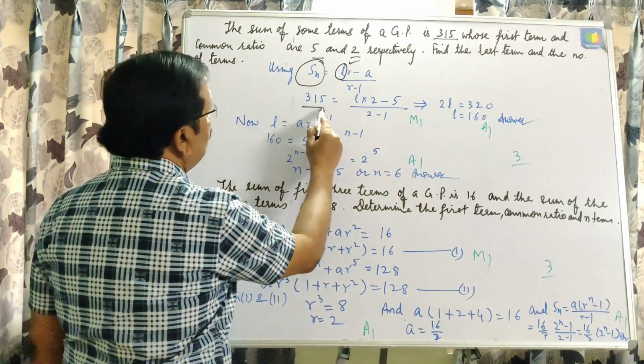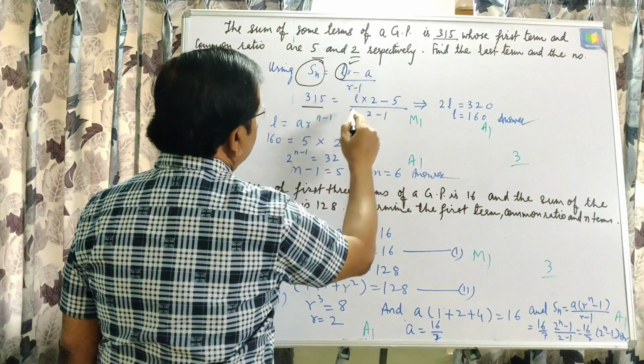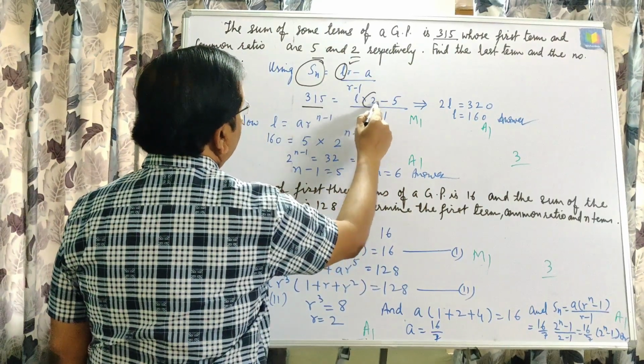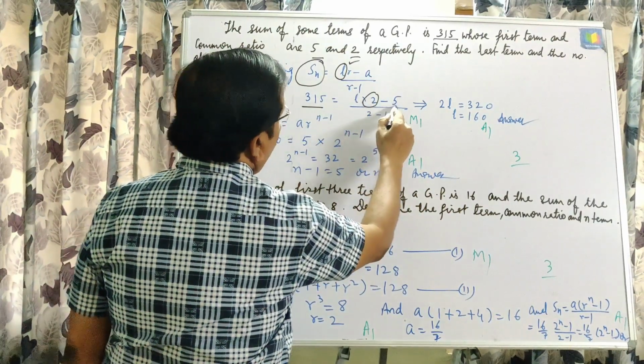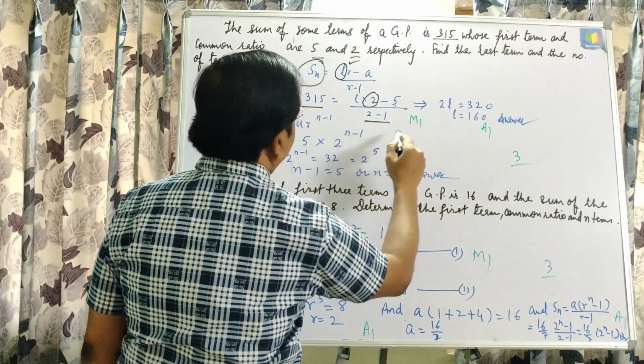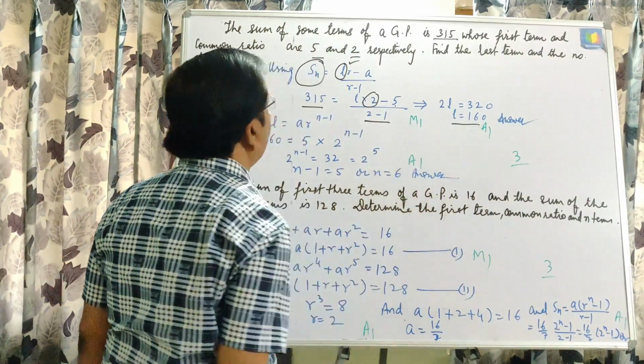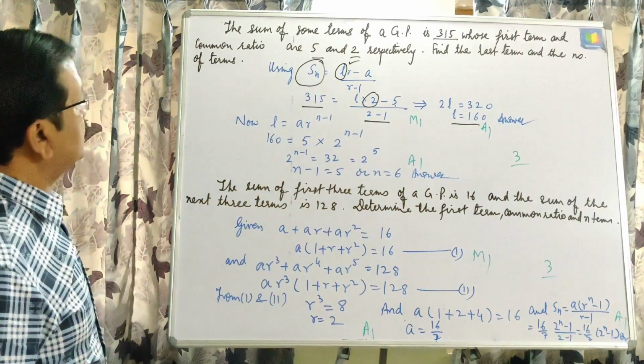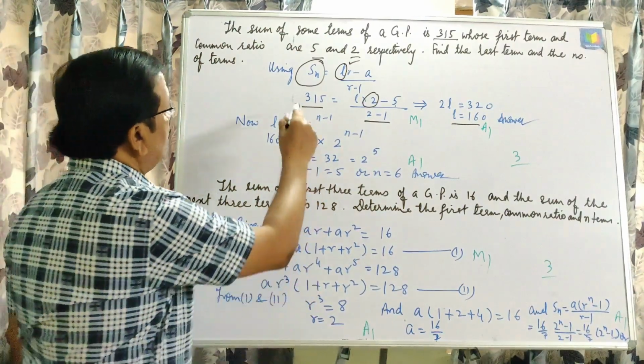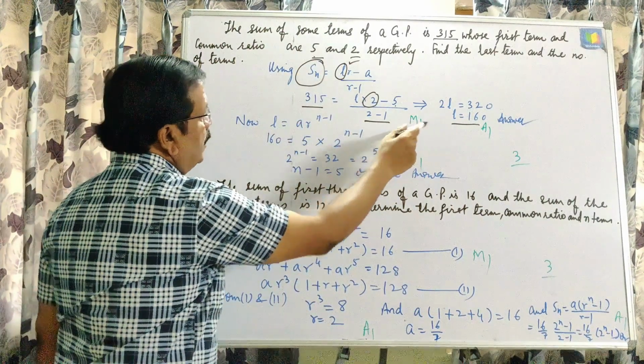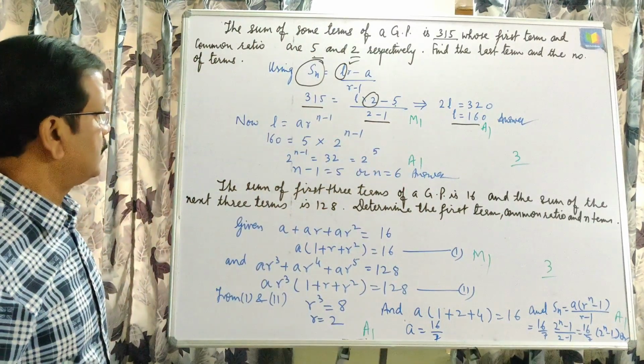Substituting this value, Sn is given 315, r is given, and then minus 5 upon 2 minus 1. And this way we are getting last term is 160. Substituting the value of A and r, we are getting last term is 160.